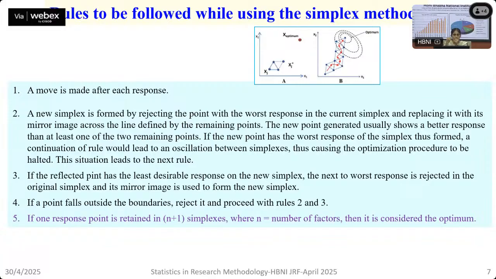That time you go to the third rule, wherein it says that if excluding the worst response function by making a reflection of it is not improving, then you leave the poorest response function, go to the next worst response, try to do the mirror image of that one.